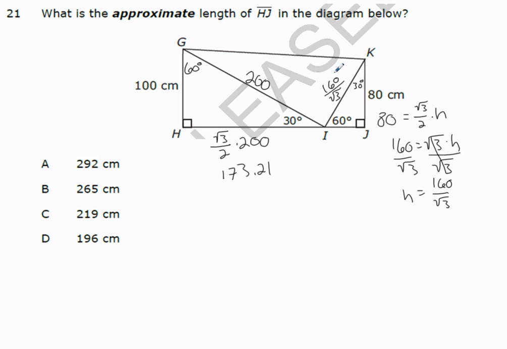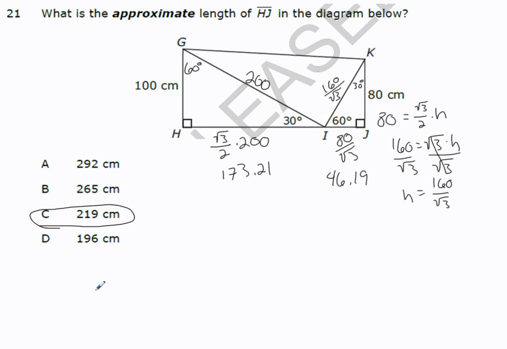Alright, so if you divide this by 2, you get 80 over the square root of 3, which, once again, if you calculate that to the nearest hundredth, you get 46.19. When you add these two things together, you get 219.3, no, 219.4, which is C.